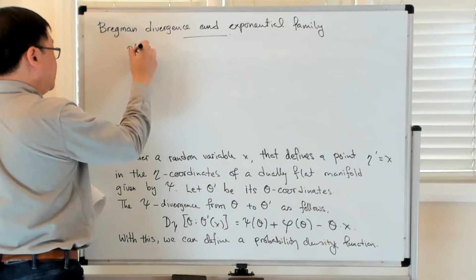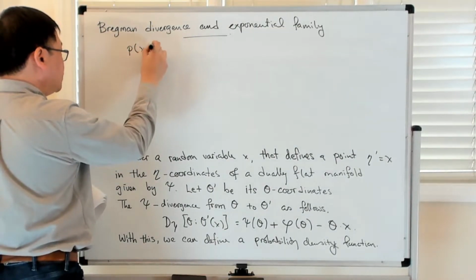So we have some probability distribution depending on a random variable x and this theta coordinate.